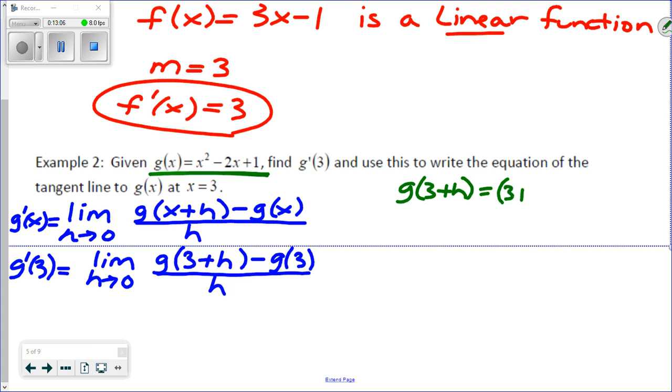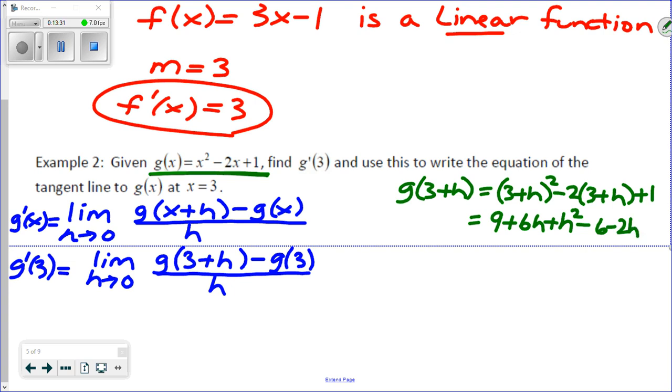So this will be 3 plus h squared minus 2 times 3 plus h plus 1. All right, we're going to FOIL 3 plus h squared. I'm just going to do that in one step. We'll end up getting 9 plus 6h plus h squared. Distribute the negative 2, so minus 6 minus 2h, and then bring down plus 1.